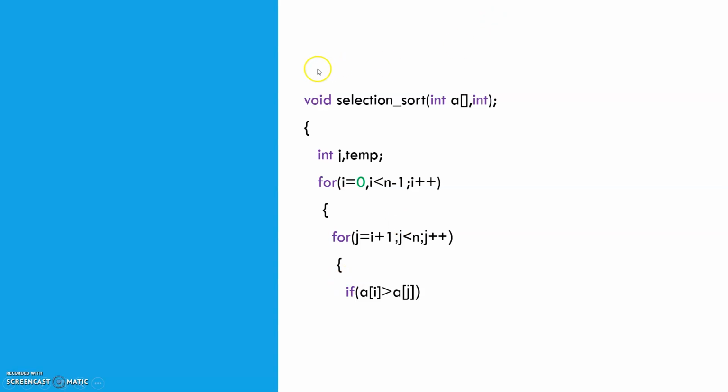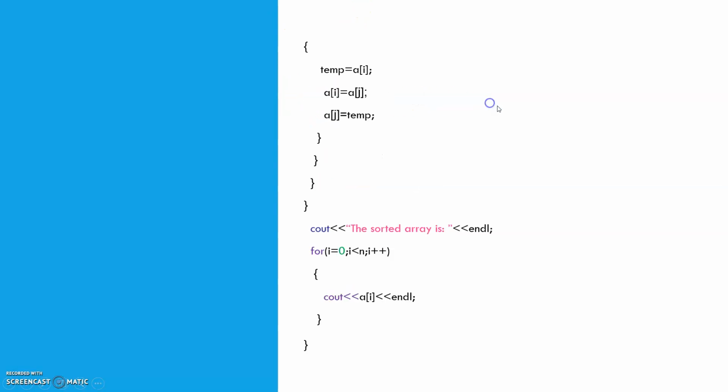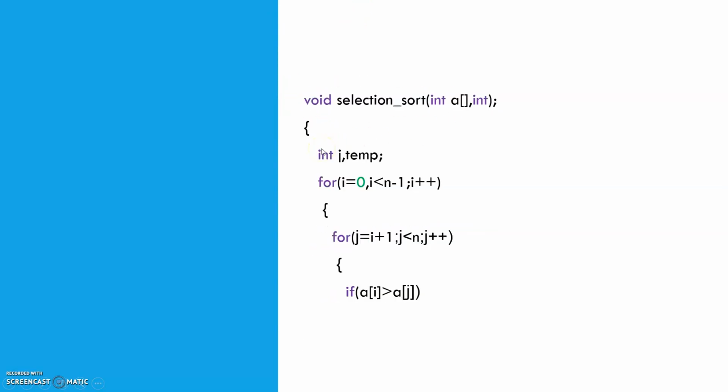Now this is the main part of any sorting technique. Void selection sort, int a, comma int n. This will be a user defined function in which we'll initialize integer j comma temp, which will be used for swapping.